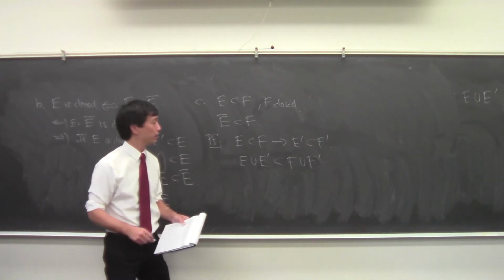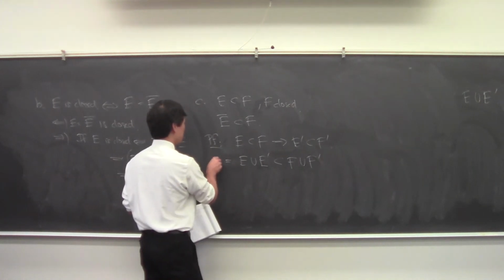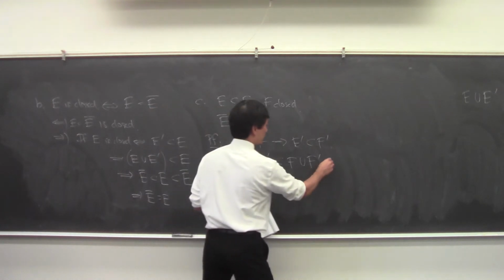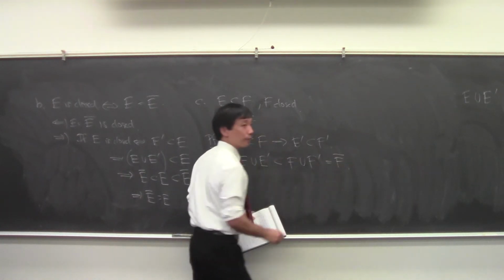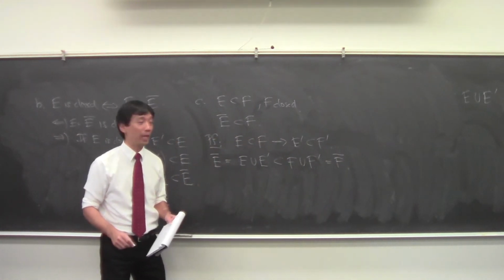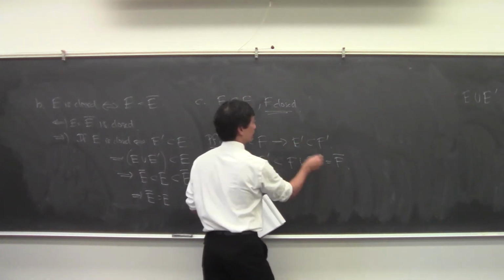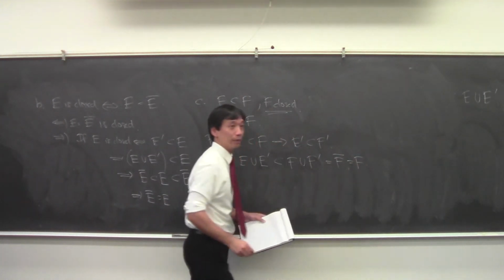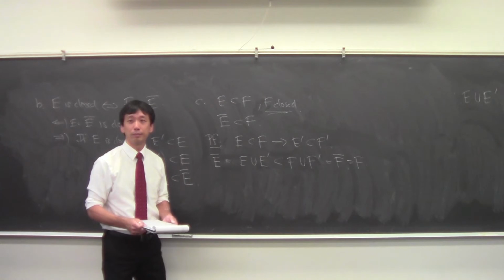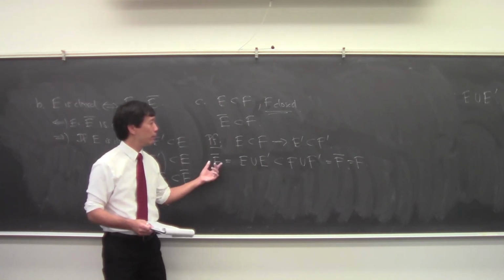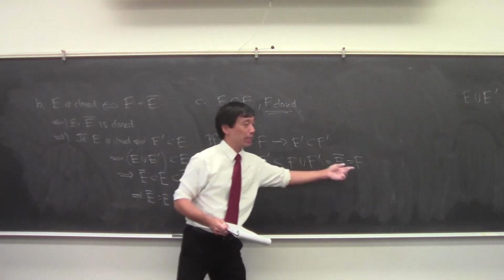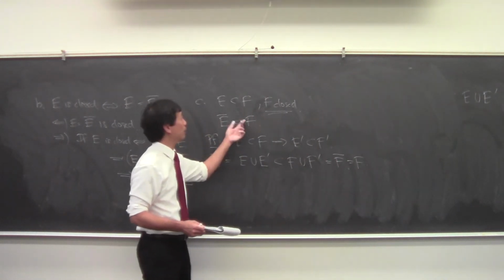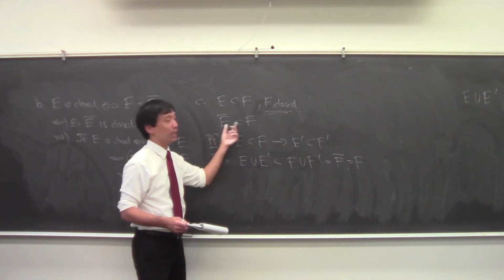That says the closure of E is contained in the closure of F. But the closure of F is F, because F is closed. So E bar is contained in F. If F is closed and E is contained in F, then E bar is contained in F.